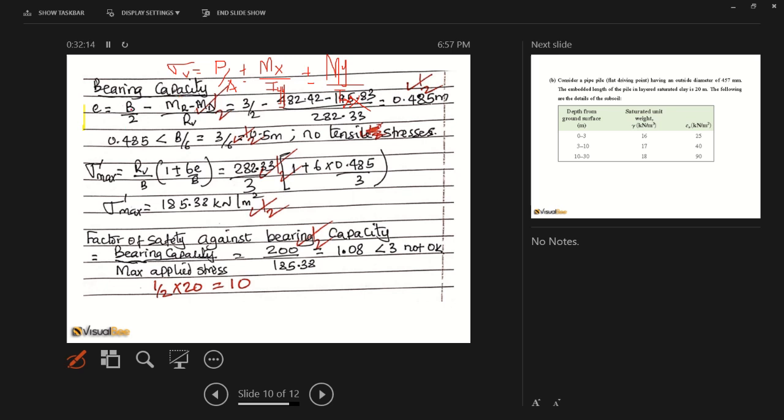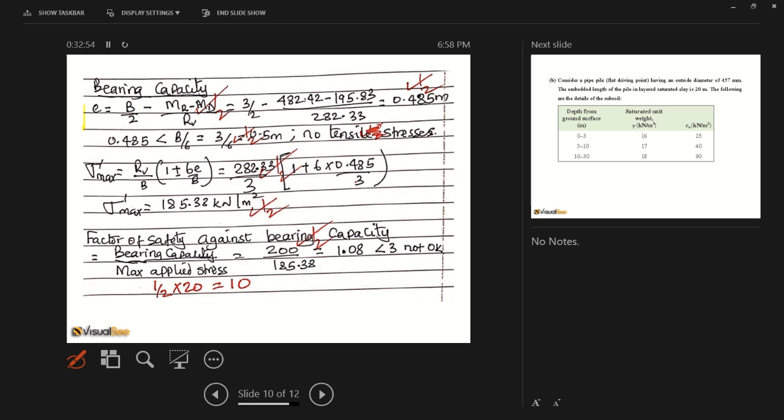So you use b over 2 minus the differences in the moments, then you get an eccentricity of 0.85, and you have to check that the eccentricity is less than b over 6, so that means we don't have tensile stresses, so we are fine. Then you use this formula to get the maximum. Here we just concentrate on the plus side, because where we are subtracting we are interested in the minimum, but if the minimum is not tensile, then we are fine. And we've confirmed that. So now we just look for the maximum.